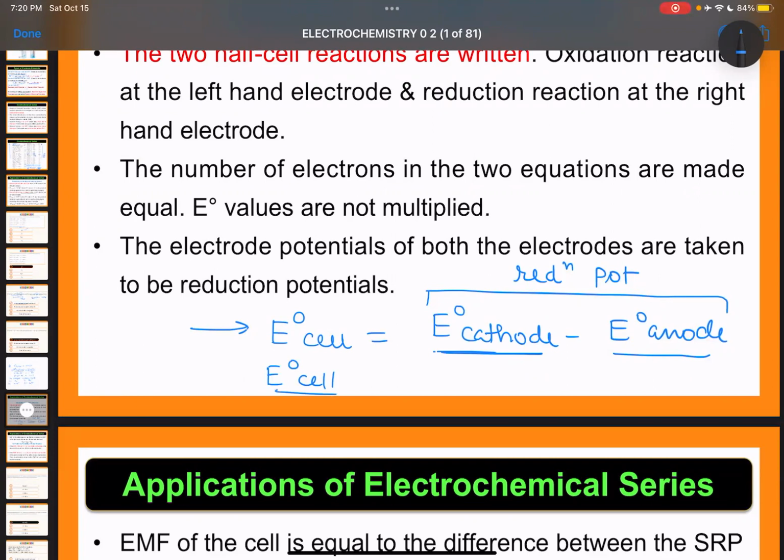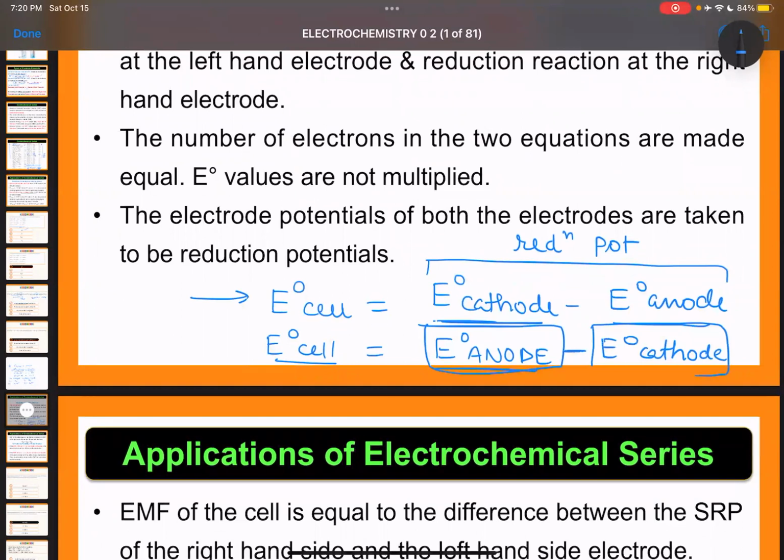If it is oxidation potential, you need to take the electrode potential where oxidation is happening first, so E naught anode minus E naught cathode. This is also a formula, and each value will be given, found out using the standard hydrogen electrode.